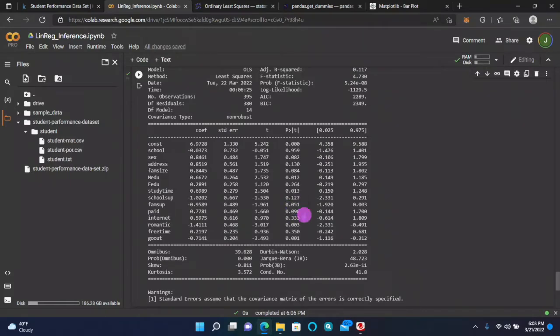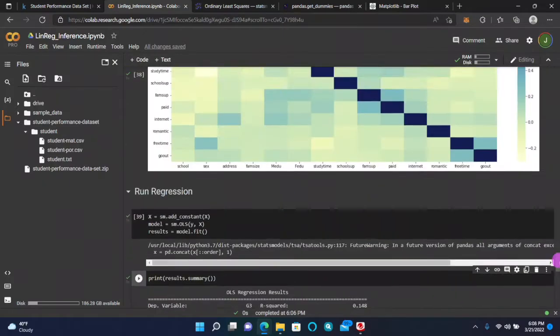Paid tutoring is kind of important, I guess. Internet didn't matter, which I think is interesting because, like we said earlier, internet probably correlates pretty strongly with their household income, and you would think maybe household income would be important, but it looks like that might not be the case. Although I also bet that internet and parental education were somewhat correlated.